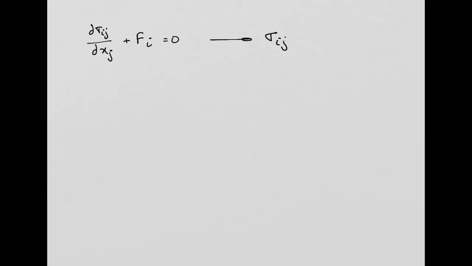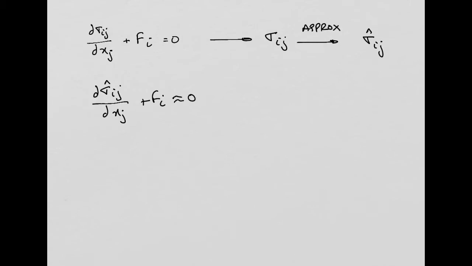So I'm going basically to approximate my stress field with a sigma hat, okay? So if I replace sigma in this differential equation by sigma hat, instead of 0, I will get something approximately equal to 0, which I will need to minimize, and that's when I get my weighted residual. We did learn how to do that in the previous sessions, so I'm not going to spend too much time here.